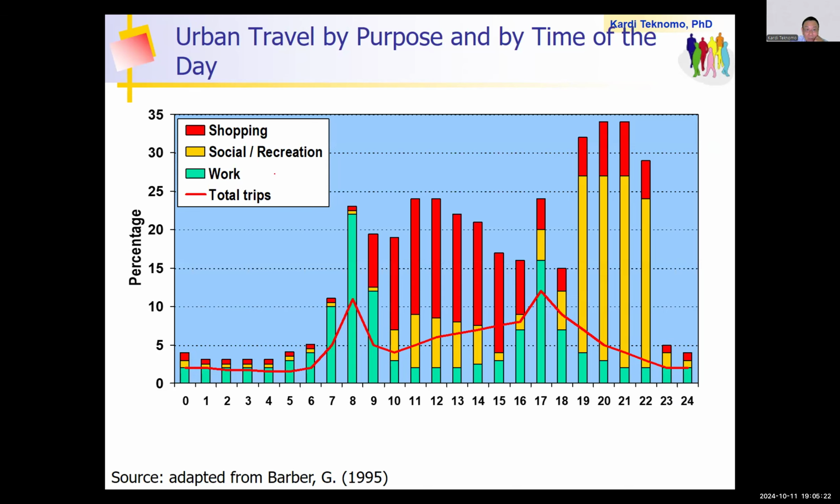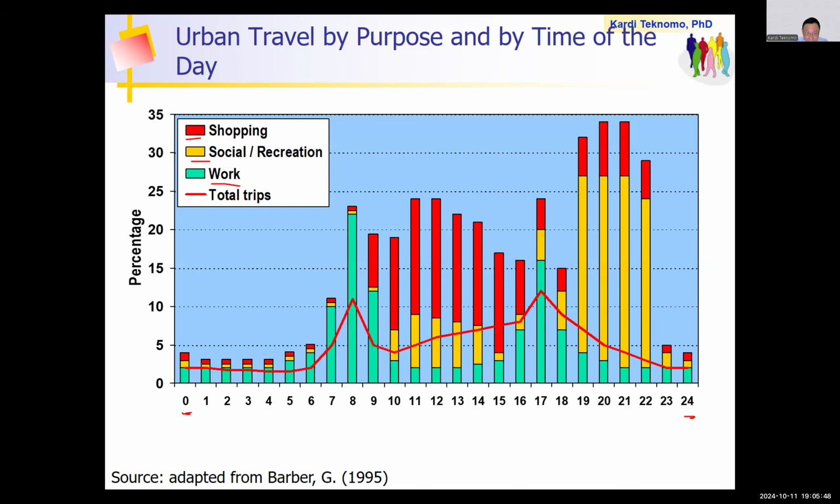You see, this is the typical urban travel by purpose and the time of the day. So this is 24 hours, so 0 is the same as 24. See this, we just copy. The green here is trip to work. Yellow is social, recreation, and shopping is red.